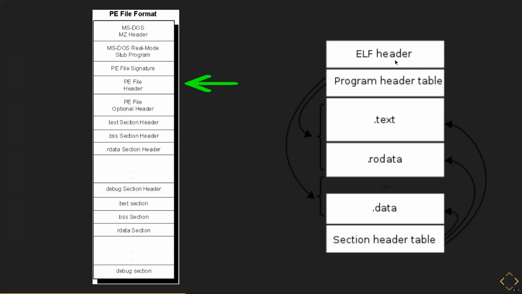We can also see the text section header, which, as we mentioned in the previous slide, relates to the text section itself, or the text segment. There are a lot of similarities, and when you start to understand one, you get a picture and a lot of patterns come up, even though there are some differences.